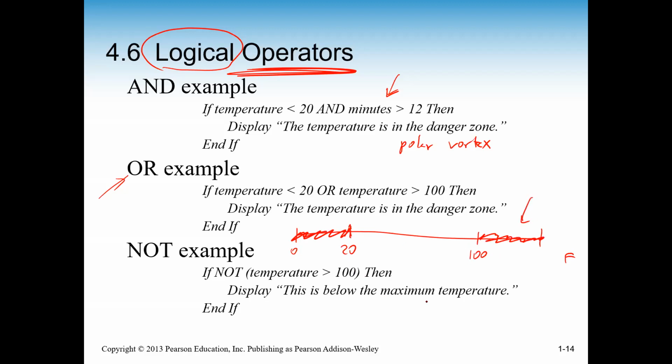If you fall in less than 20 or greater than 100, it's not a polar vortex anymore, but the temperature is either pretty cold or pretty hot, not within comfort levels. Either one or the other is true, and they're mutually exclusive, so it can be only one or the other.